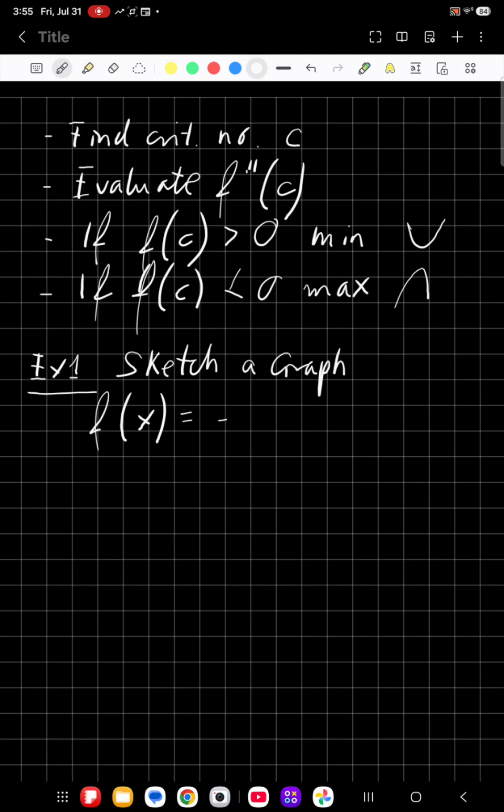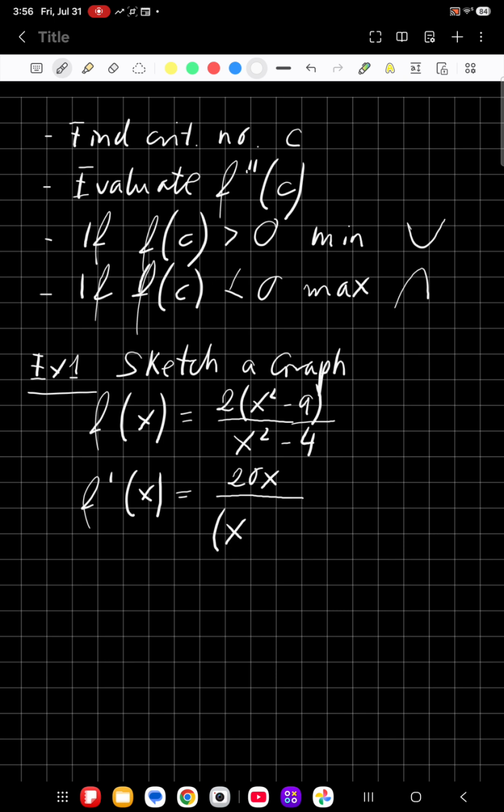It's a rational function. So we have 2, then at the top we have x squared minus 9, and the bottom is x squared minus 4. If you want, you can calculate those derivatives, but I'm just going to give them to you. The first one is, the top is 20x, and the bottom is x squared minus 4, squared.